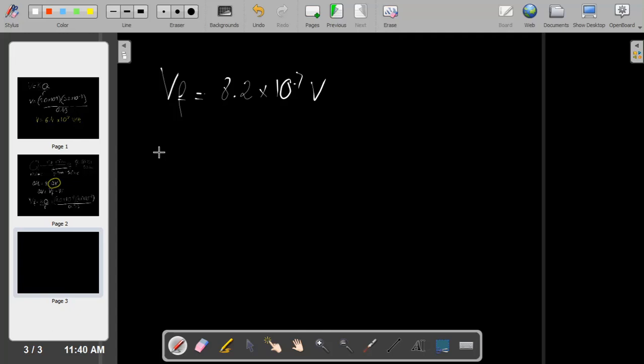We need now to find our initial electrical potential.